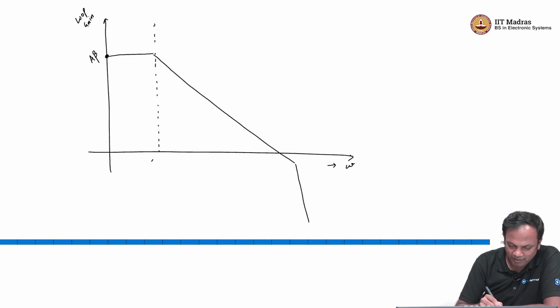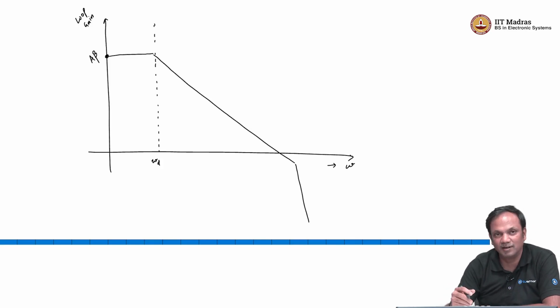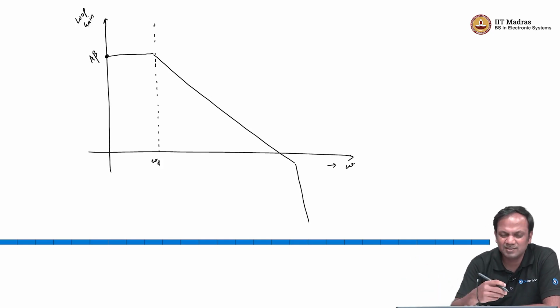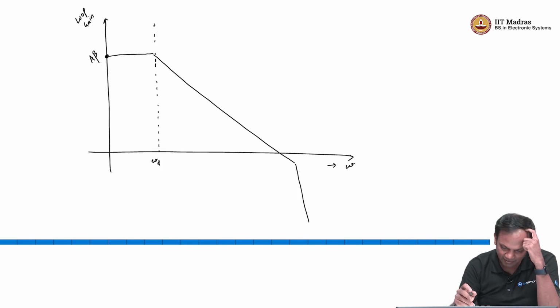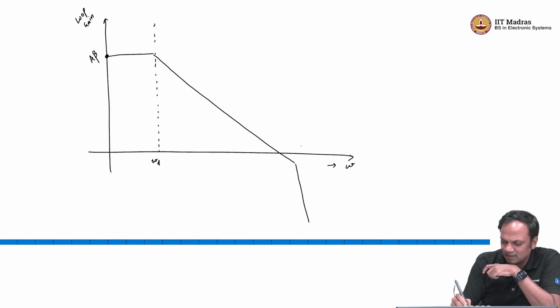You have the dominant pole and then you have a second pole somewhere, where before the phase can accumulate to 180 degrees, the gain has already gone below 0 dB, right. This is the typical loop gain curve.